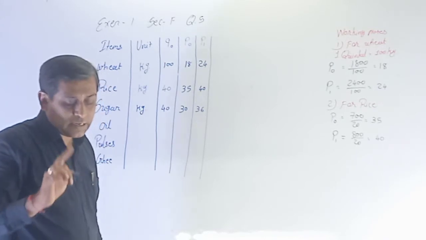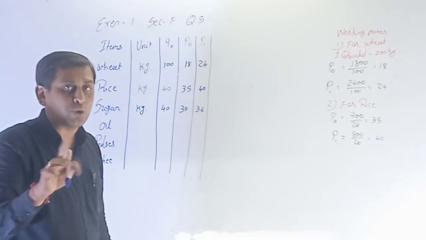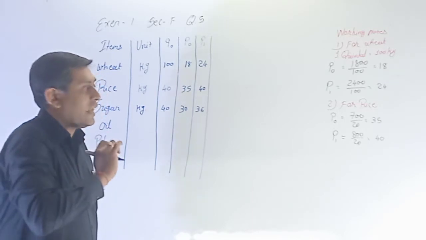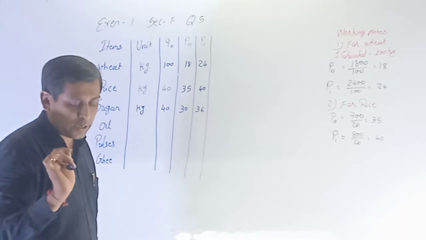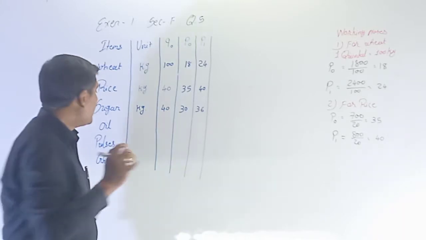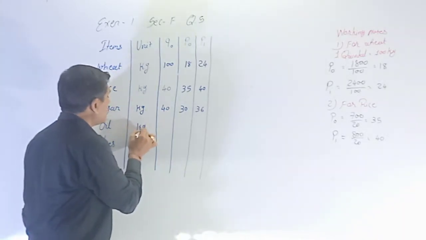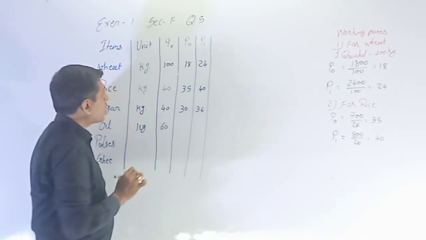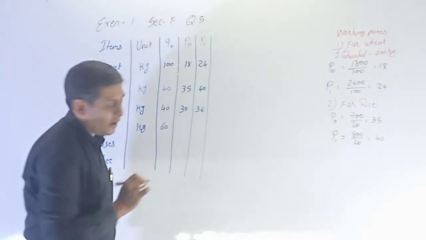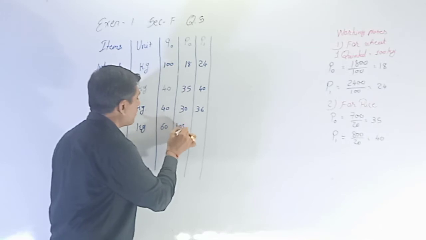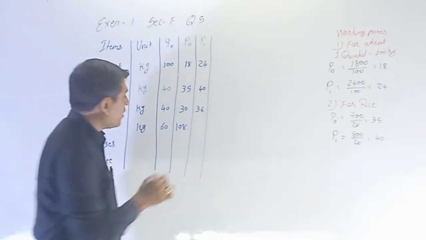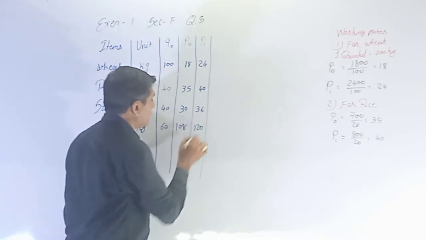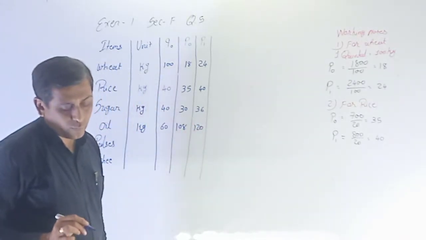Then in oil again kg is given, there is no change, so we don't have to make any working note converting the price or quantity. Oil as it is, kg. In the quantity column 60 kg is given, base year price is 108 and current year price is 120.